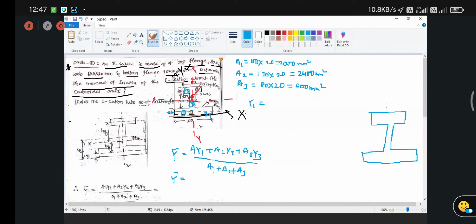Suppose assume this one. So this is your 80, this is your 20, this is your 120, and this is your 20. The web thickness is 20. So it is 100 by 20, 120 by 20, and also 80 by 20.